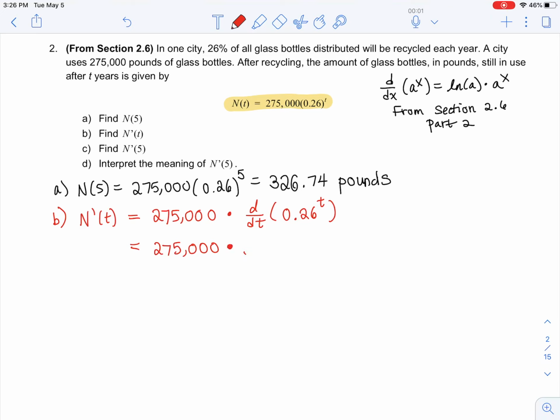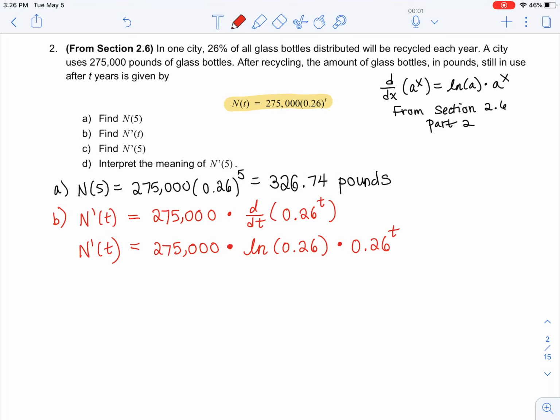Now we're going to multiply this by what? First, you need to write the natural log of the base, which is 0.26. So you need the natural log of 0.26, and we multiply this by the original expression, 0.26 to the tth power. Now, sometimes, remember, we have to use the chain rule to find the derivative of the exponent, but the derivative of t is just going to be 1, so this is enough. This is your n prime of t.